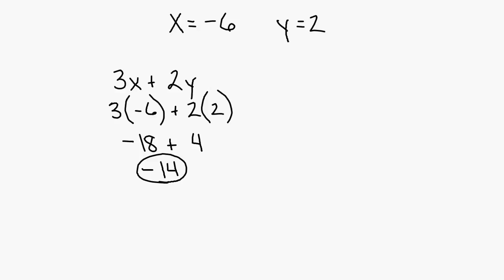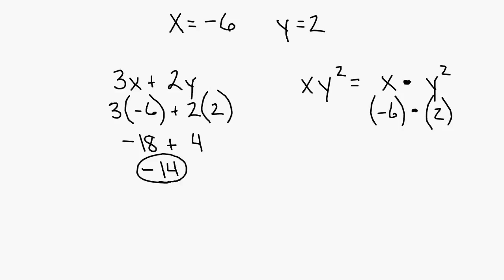In this same case, x y squared. Guys, x y squared means x times y squared. And then again, when you substitute for the variables, put your values in parentheses. So this would be negative 6 times 2 squared. You do that one first, right?